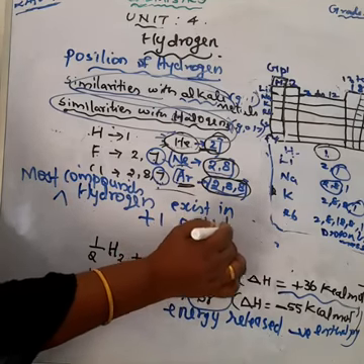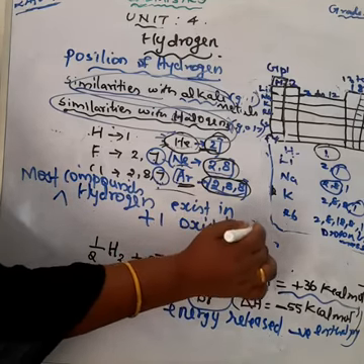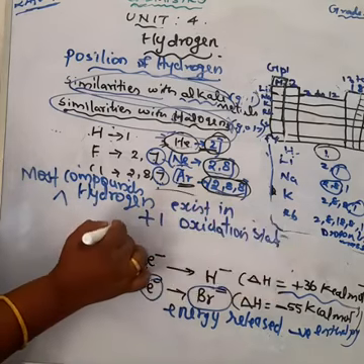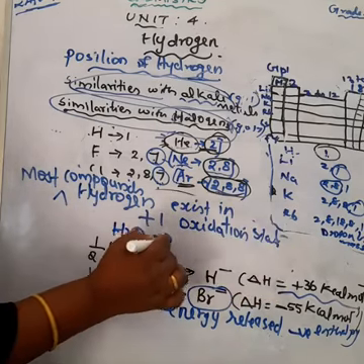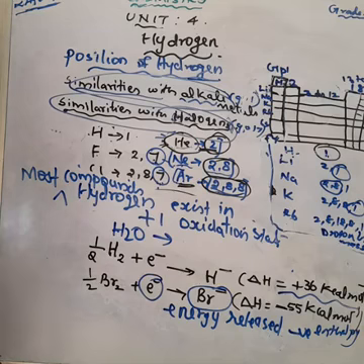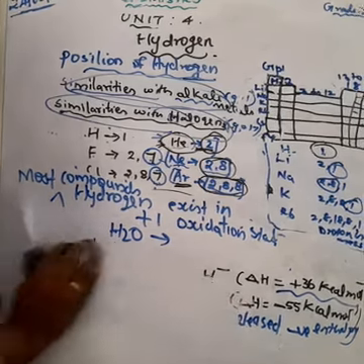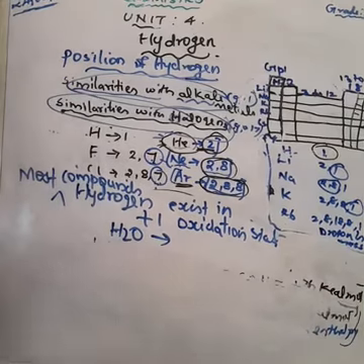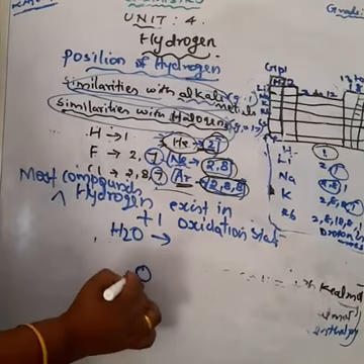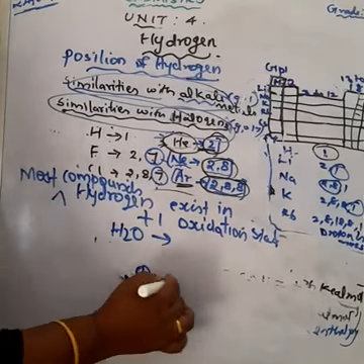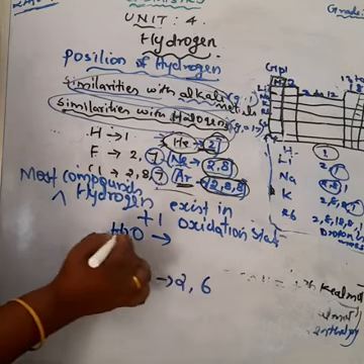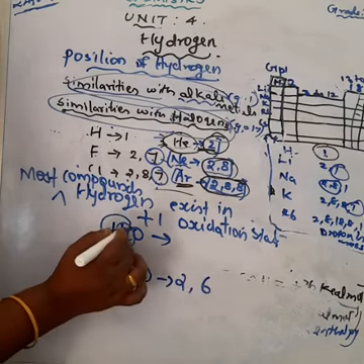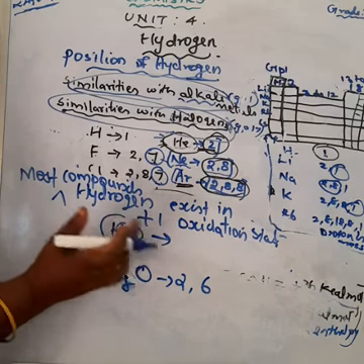Oxygen needs 2 electrons to get the stable configuration. What is the outermost valence electron count of oxygen? 6. So it needs 2 electrons to get the stable configuration, so 2 hydrogen atoms are added. When the water molecule forms, 2 hydrogen atoms combine with 1 oxygen atom.